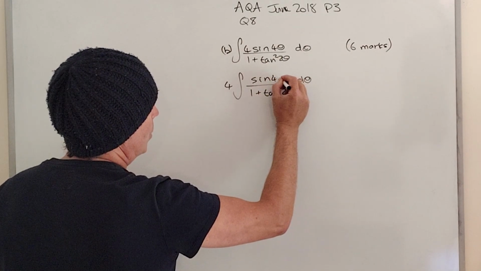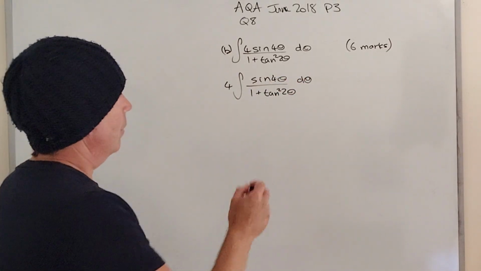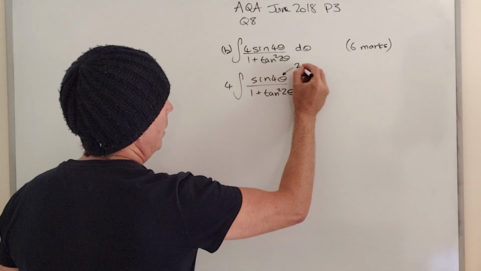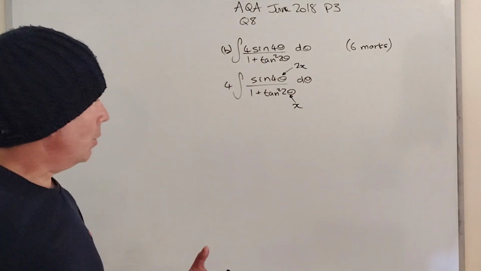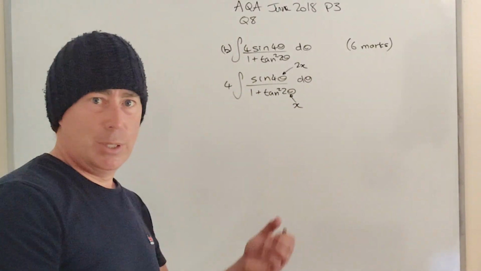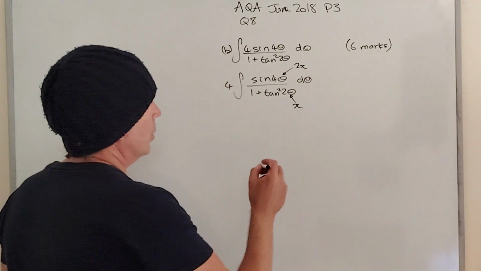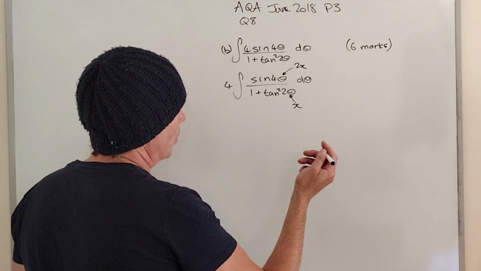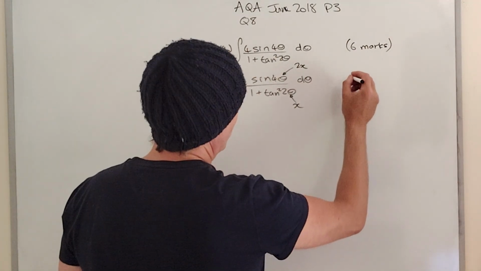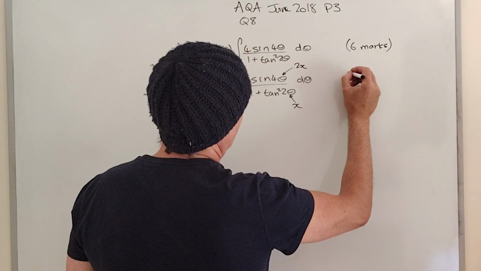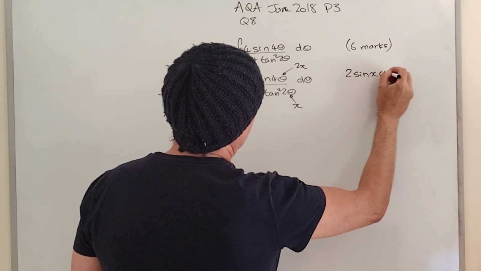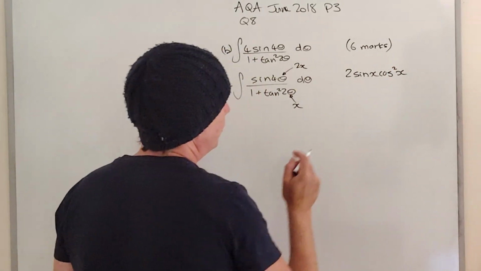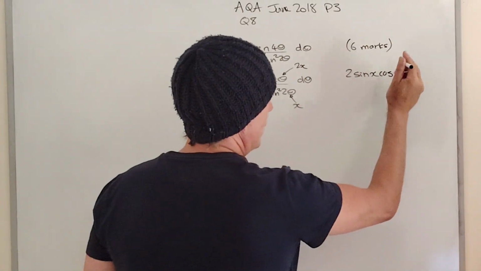So in our identity we just proved, the sine 4 theta was equivalent to 2x, and our tan squared theta was just equivalent to x. So it's a pretty straightforward multiplication of what's inside the trig function. So we can use the identity we've just proved, and if you remember, we just proved that it was equal to 2 sine x cos cubed x.